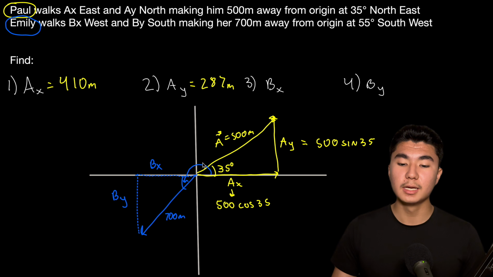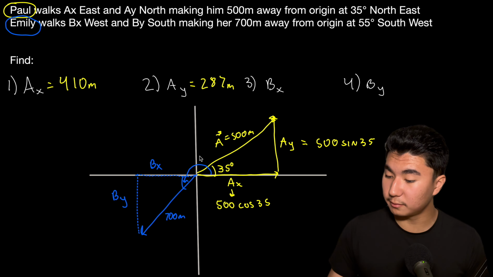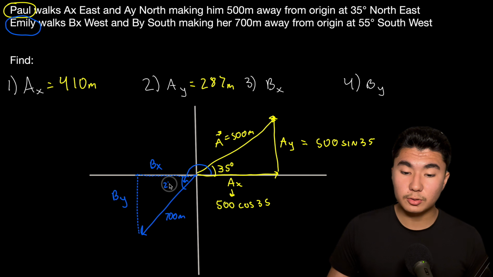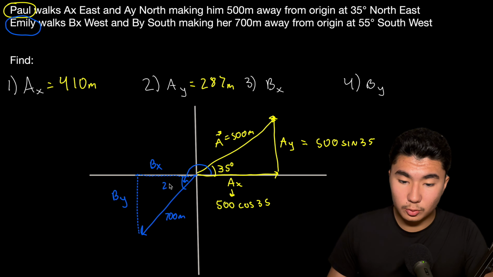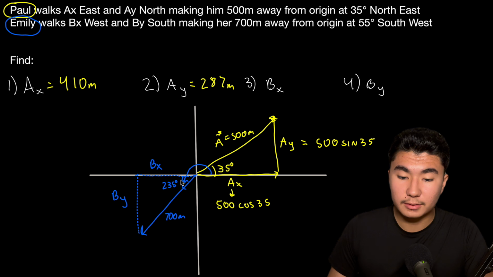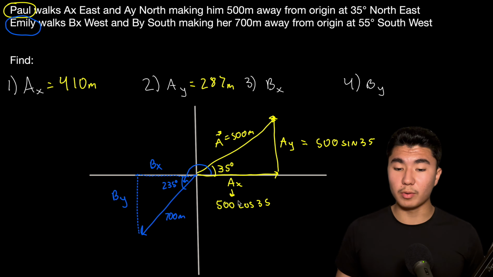So instead of 55 degrees, this is going to be 180 plus 55. This is going to be 235 degrees.